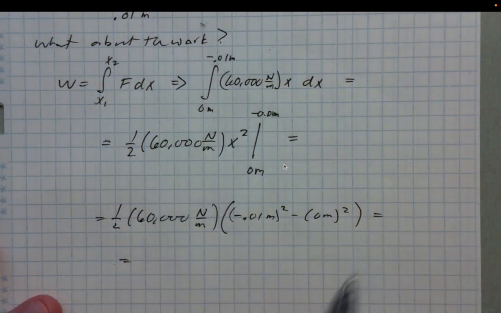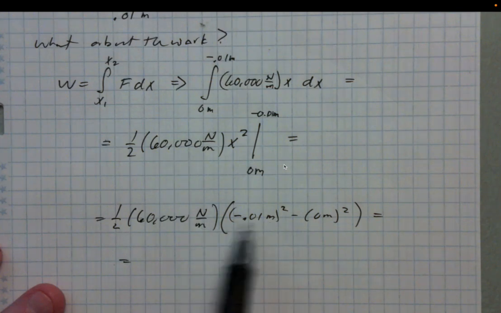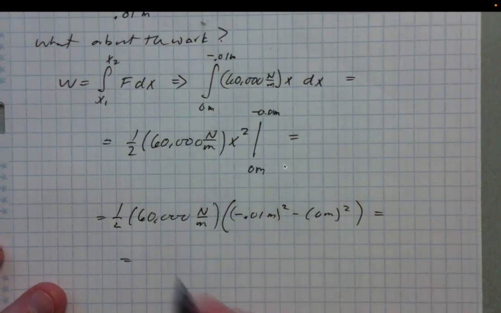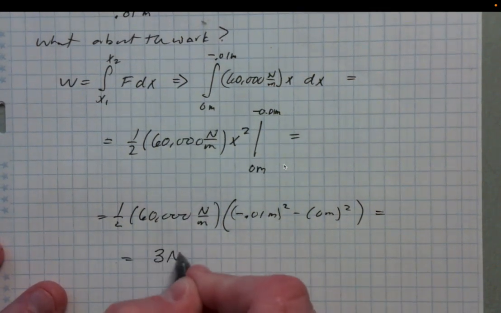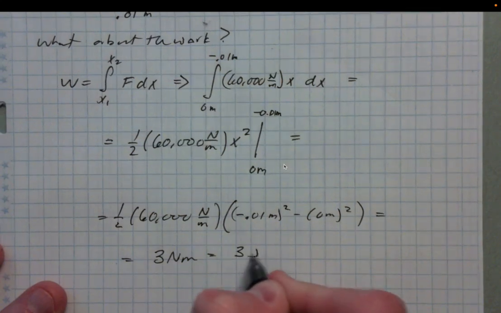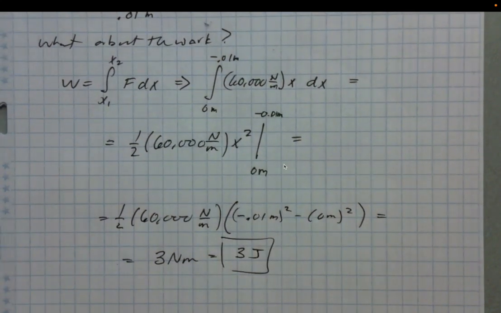And so in the end, when I calculate all of these things, I'm going to get about 3 newton meters, or 3 joules of work. Okay. All right. Very good. And so the amount of work done by this person stepping on the scale and compressing the spring is about 3 joules.